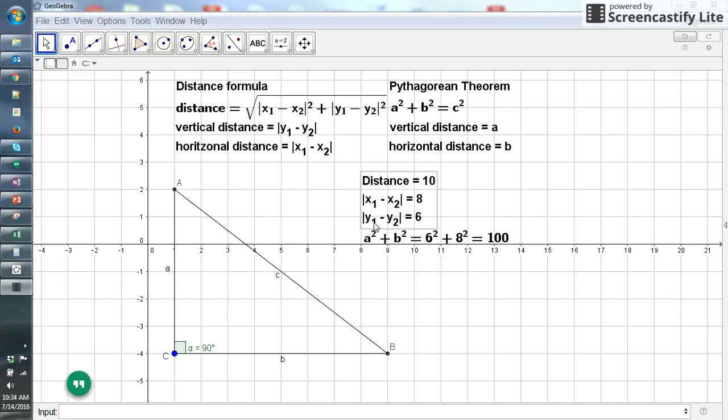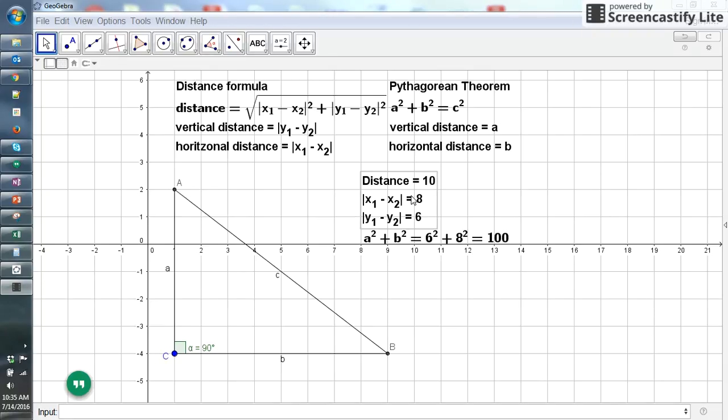Now, y1 means the y coordinate of point 1, and y2 means the y coordinate of point 2. I also put absolute values around these, and the reason why is because absolute value makes negative numbers positive, and it keeps positive numbers positive. And when we're talking about distance, we really don't say, oh, I live -3 miles away from the grocery store. We always talk about it as a positive measurement.